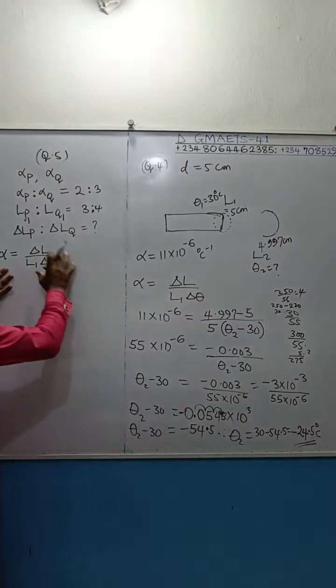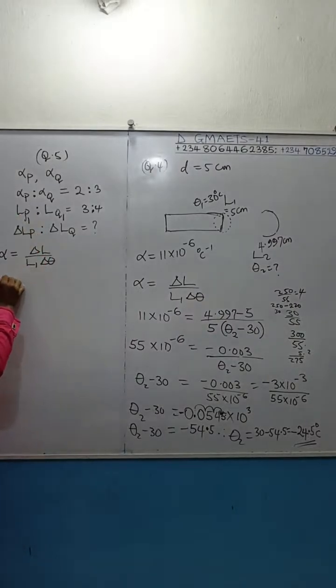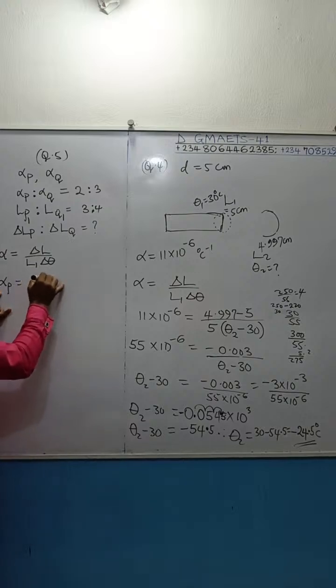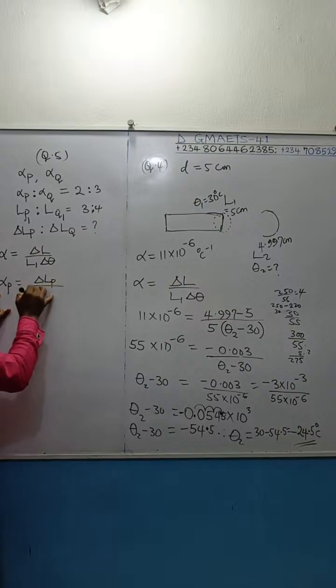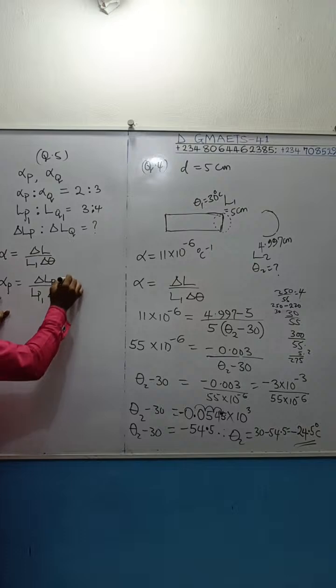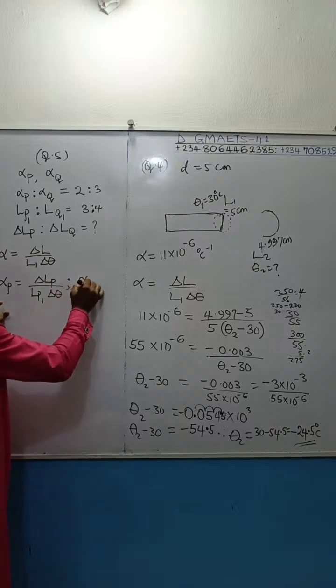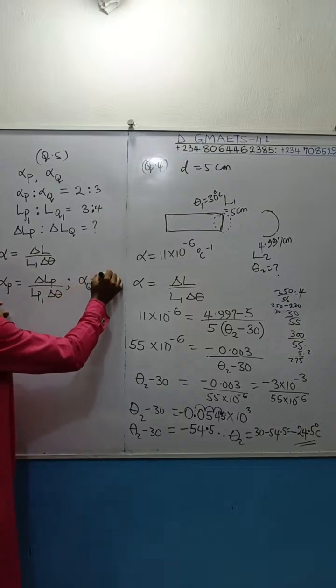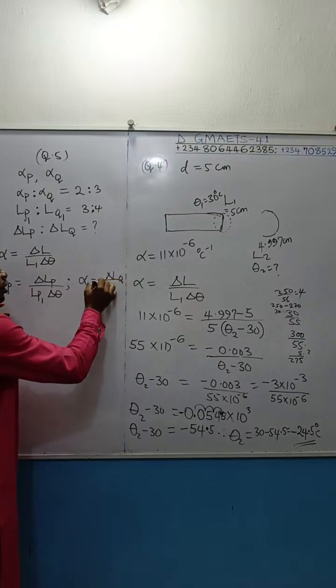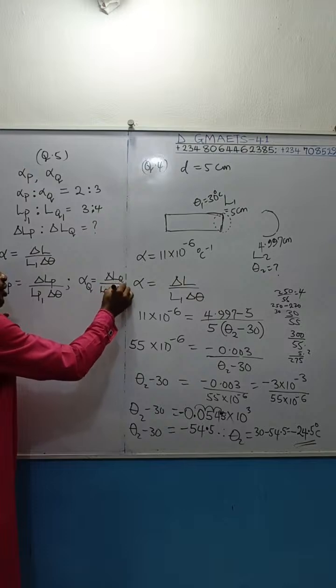Now, let us write this formula for P and write it for Q. Coefficient of linear expansion for P is going to be delta L of P divided by LP1 times delta theta. Then that of Q is going to be equal to delta LQ divided by LQ1 times delta theta.